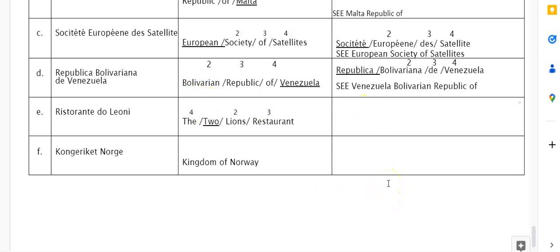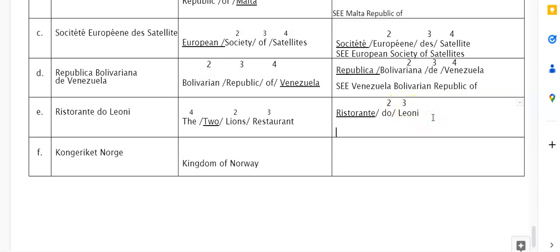So our cross-reference would have the original untranslated name. Here's my key unit. Here's unit 2, and here's unit 3, and it would say C, Two Lions, restaurant, the.